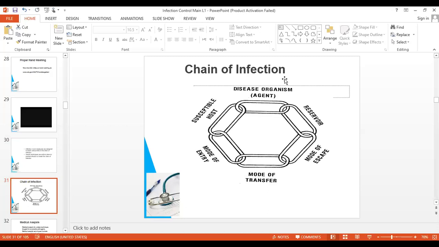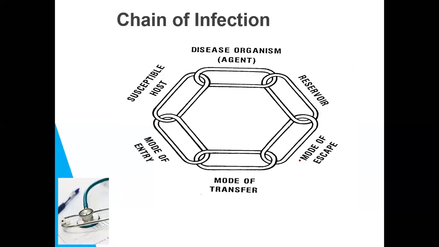طيب طبعا كلنا درسنا وعرفنا قبل كده في المايكرو، طبعا اتكلمنا عنها كتير، الانفكشن تشين. Infection chain are 6 elements.